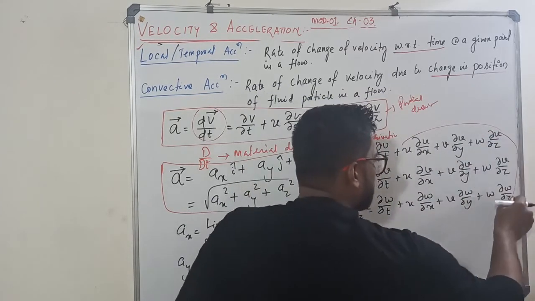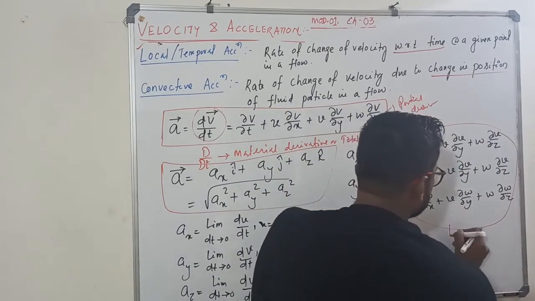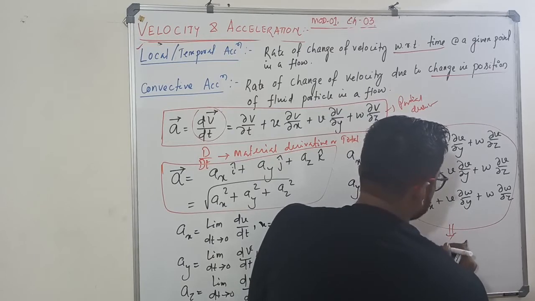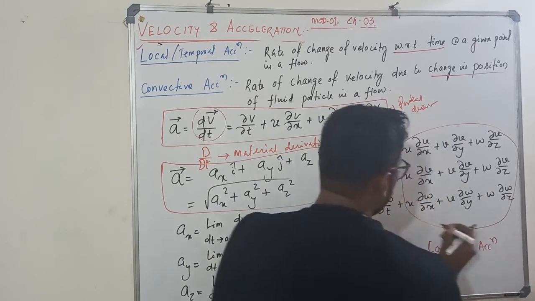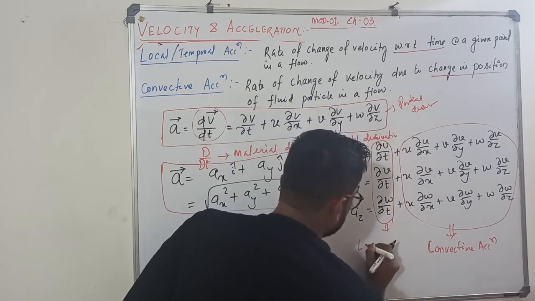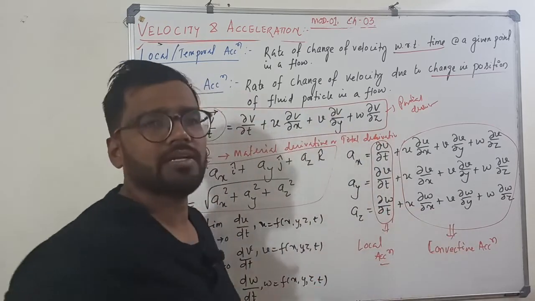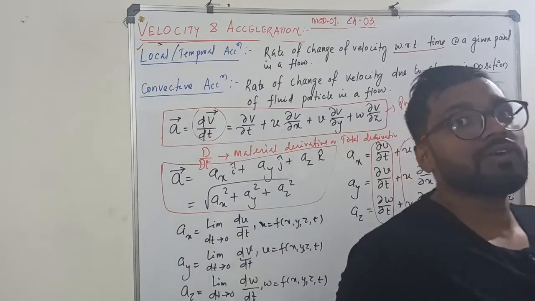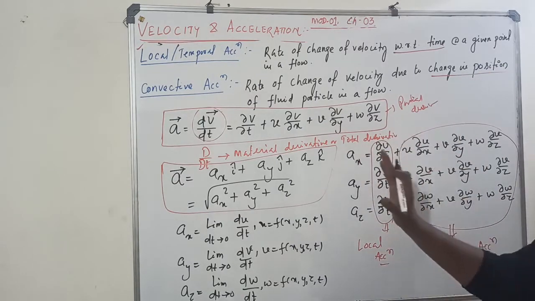So this is which acceleration? This is your convective acceleration. What is this? Sir, local acceleration. Okay, so when they are asking to calculate acceleration, you have to calculate ax, ay, az and proceed.